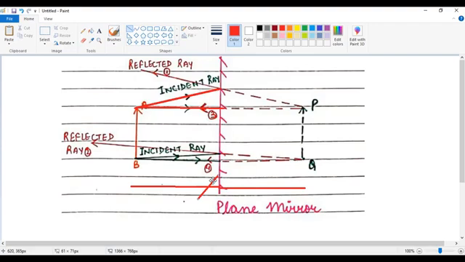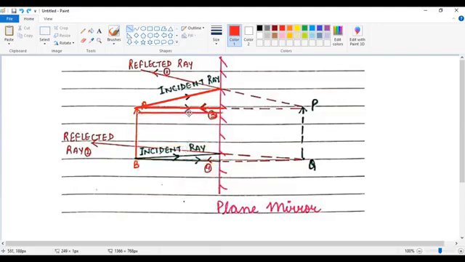Both these distances are equal. So, students, when we are forming the image, we will be forming the image at the same distance as the object is placed in front of plane mirror.